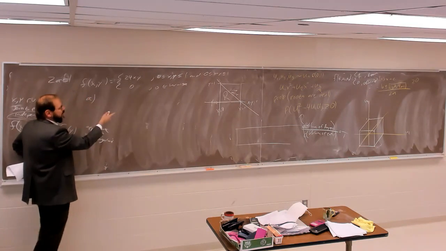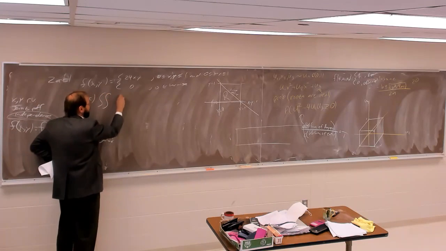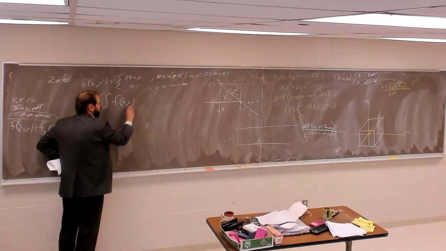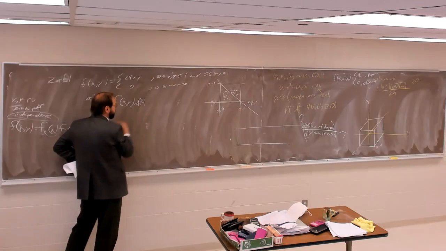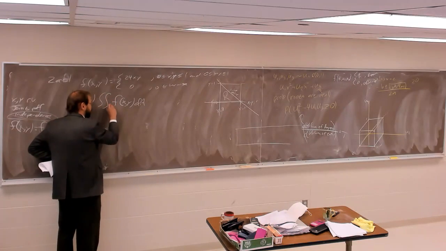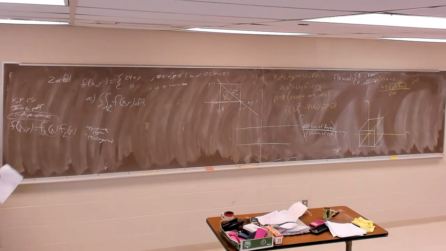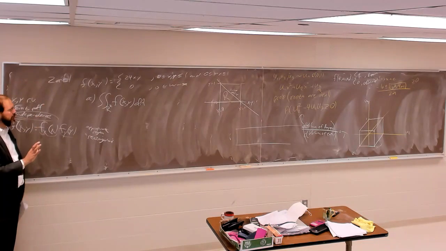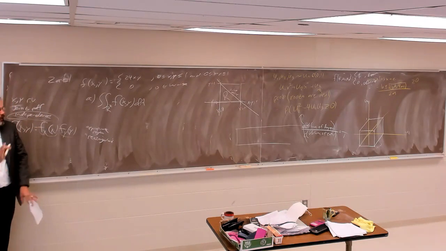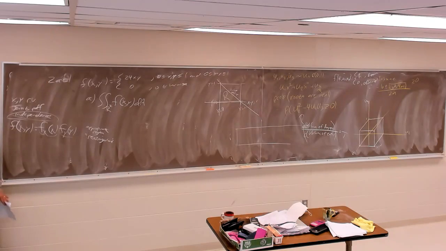A, I just need to integrate this function over the entire plane, right? And when I integrate over the entire plane, I should get 1, if it's a real, honest-to-goodness probability density function.